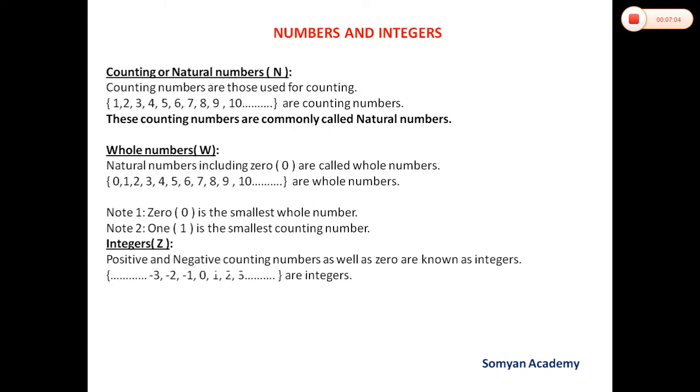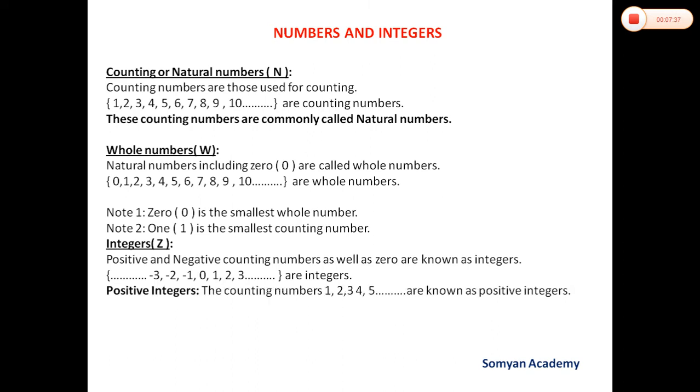If we see on the number line, 0 is put in between, and on the left side -1, -2, -3 are the negative integers, negative numbers. So these are also integers. 0 is an integer, and 1, 2, 3 are the positive numbers; these are integers, or we say these are the positive integers.